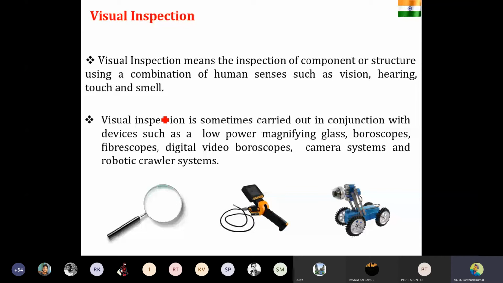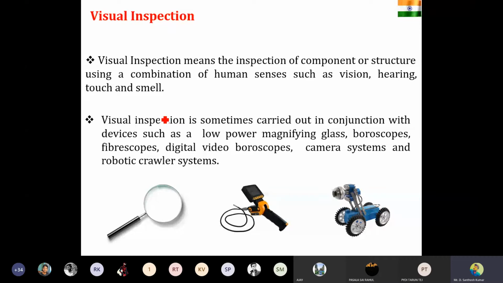As I said, the first topic in this series of lectures will be the visual inspection method, which means you look externally at the surface of a component or any kind of part, to see something visually.